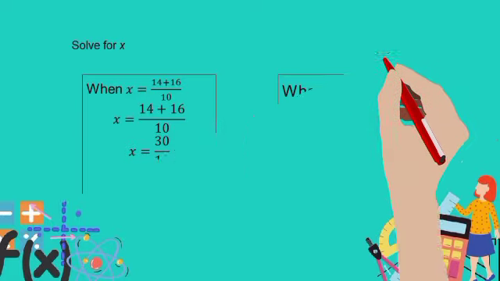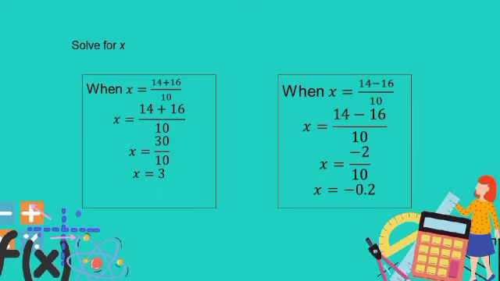Now let us solve for t. When it is 14 plus 16 all over 10, 14 plus 16 is equal to 30 over 10, which equals, very good, 3. When it is 14 minus 16 over 10, 14 minus 16 equals negative 2 over 10, which equals, yes, negative 0.2.